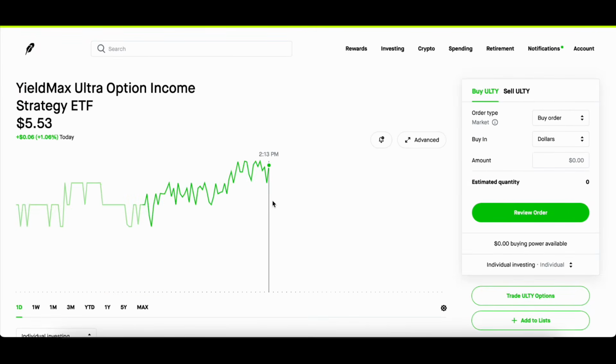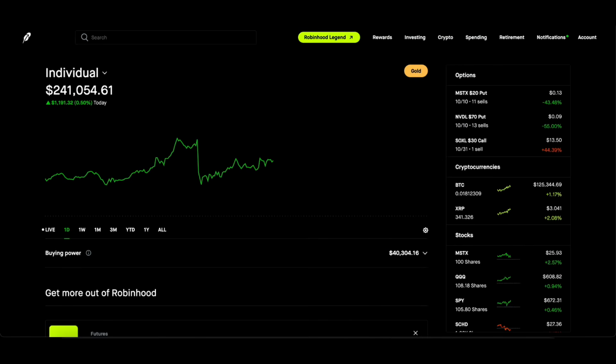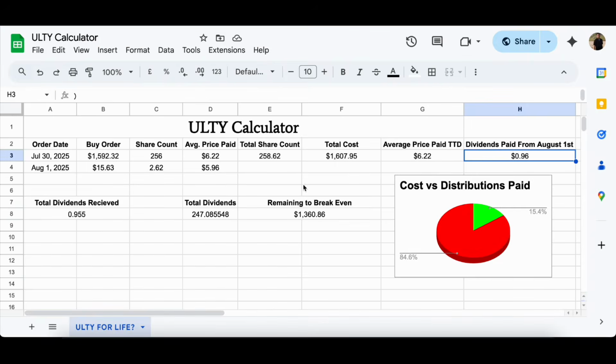That's less than 0.5% of my portfolio overall. And that is how much I feel you should be investing in all these high paying dividend ETFs.